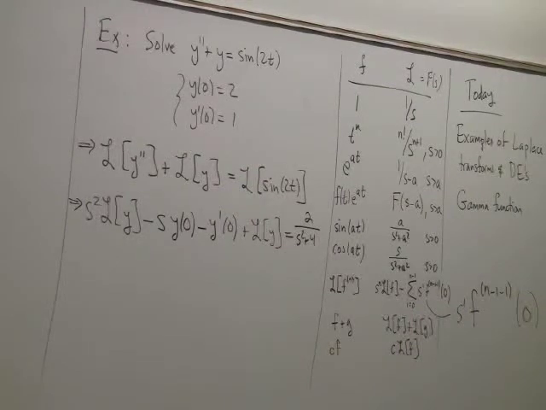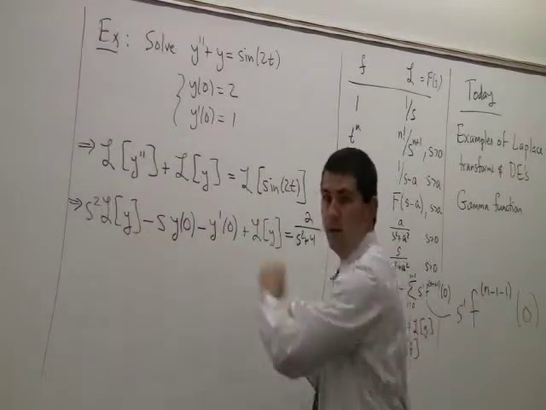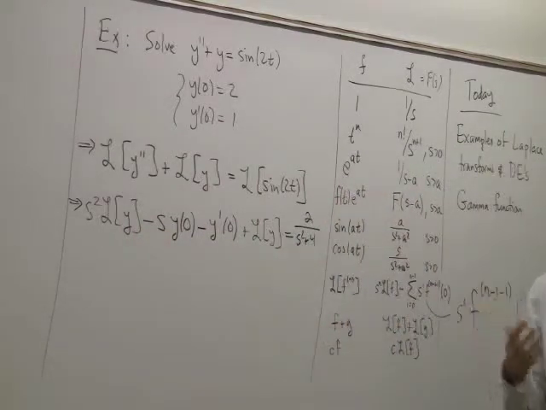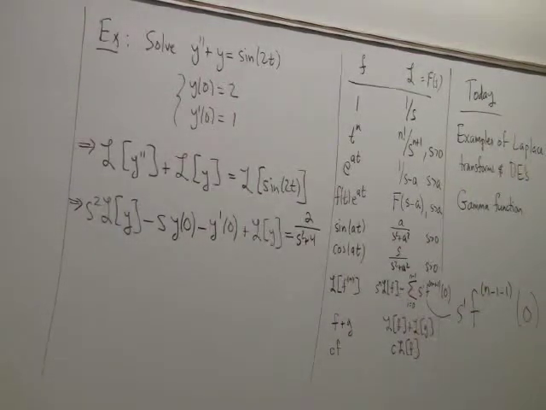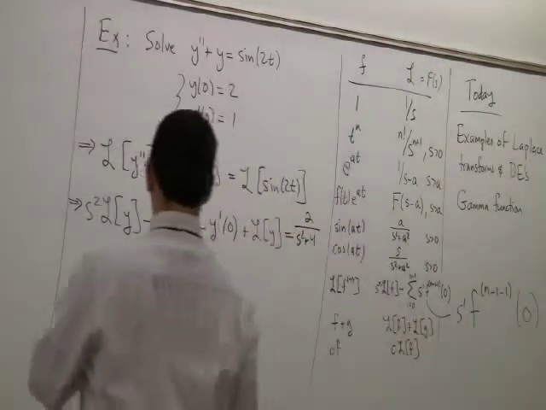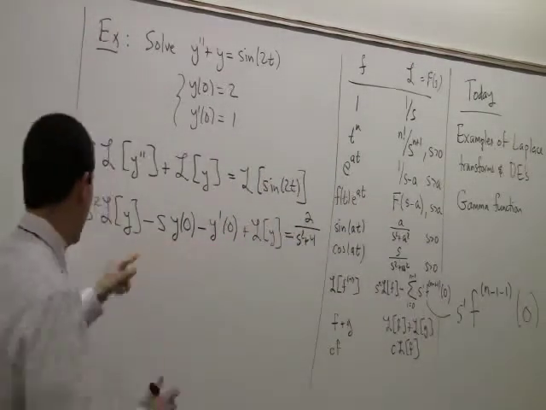As I said, we're looking to make this into an algebraic equation in the sense that we want to just perform algebra. And the algebra we're trying to perform is always to solve for L of y. And of course, the reason we want to solve for it is once we know L of y, we just have to go backwards and figure out what y would give you that Laplace transform. So let's see. There's just 2 L of y's, so it's pretty easy.